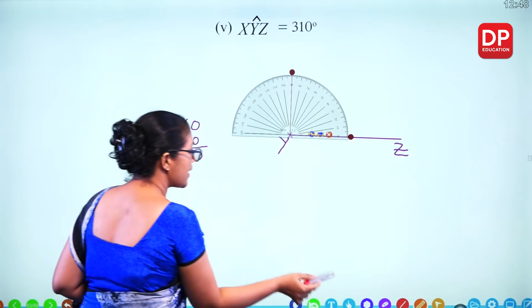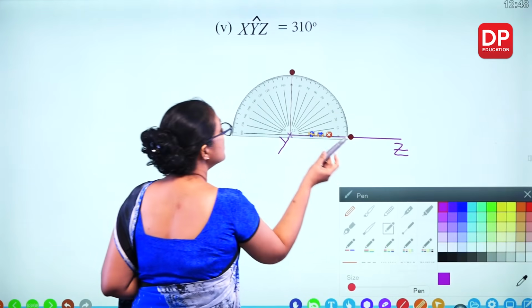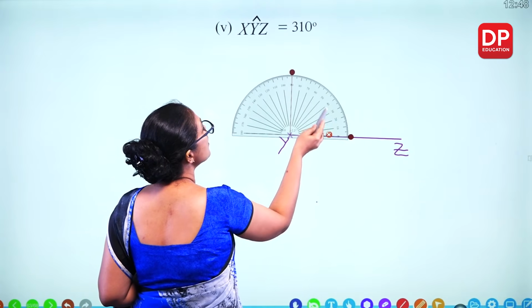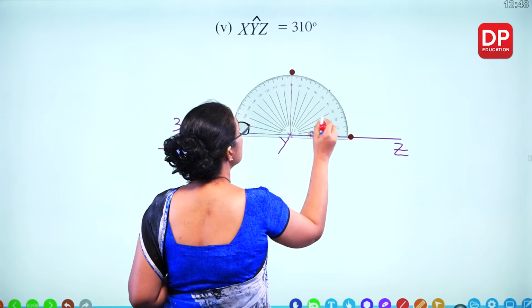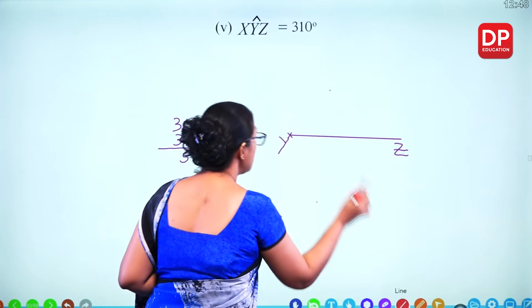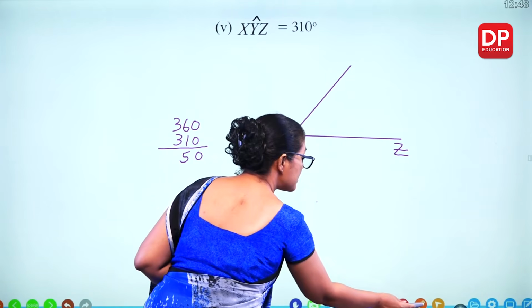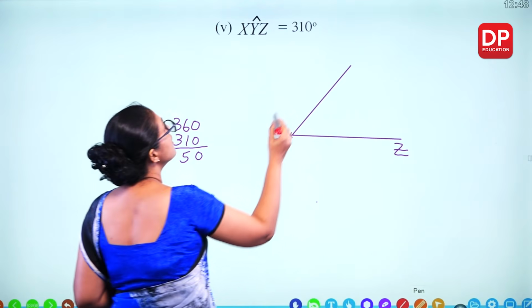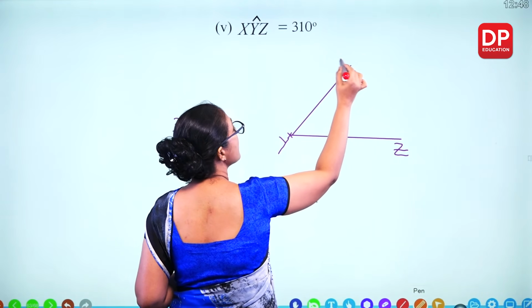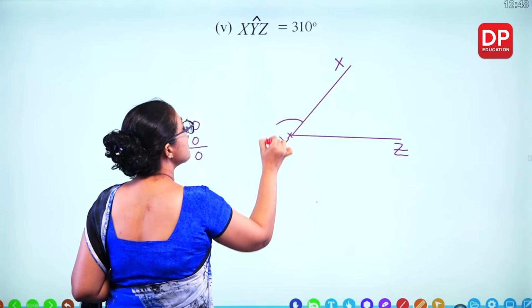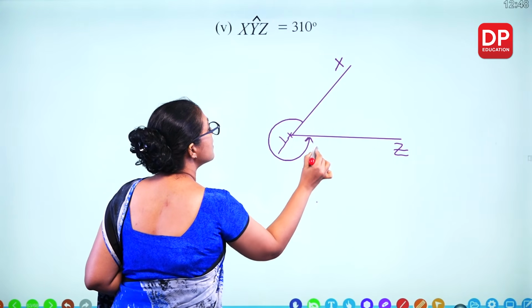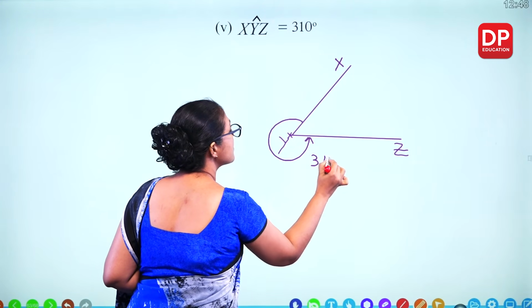So 50 degree angle from here to here, 50. And take the ruler and connect it. So what's the 310 degree angle? That's the other one, XYZ. So this angle is 310 degrees.